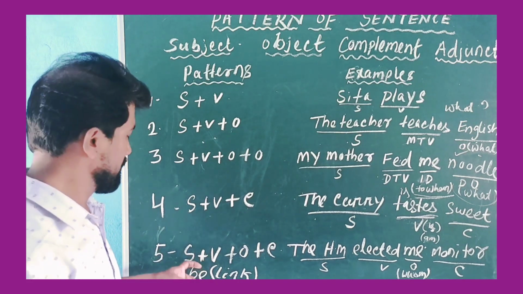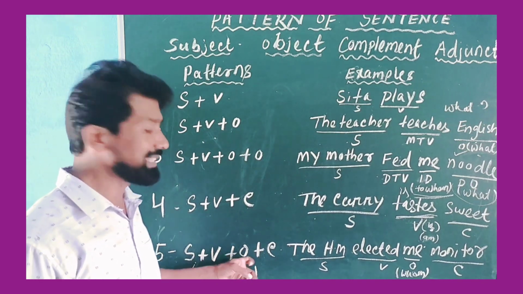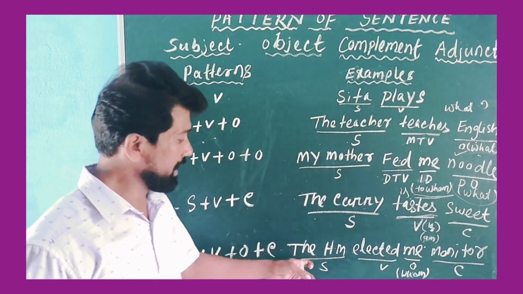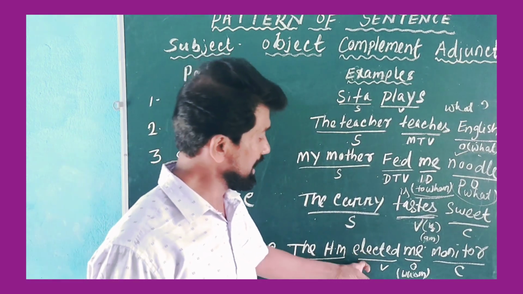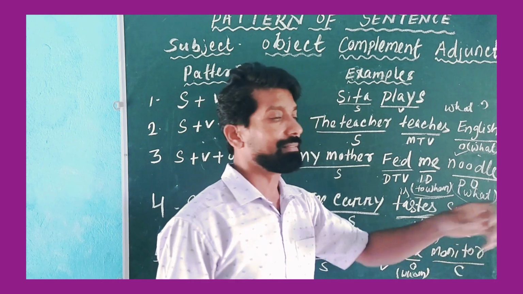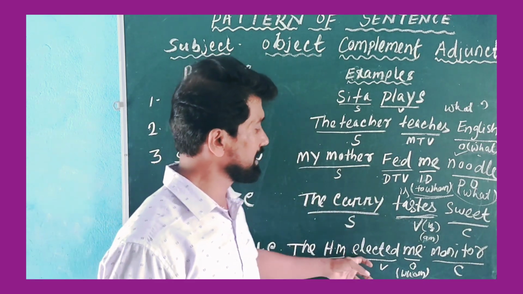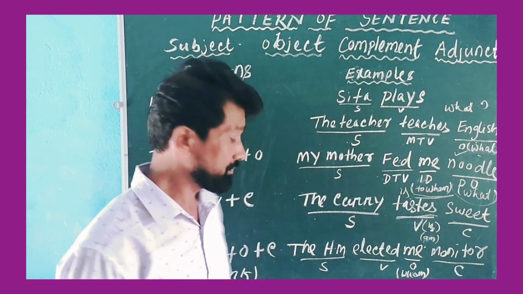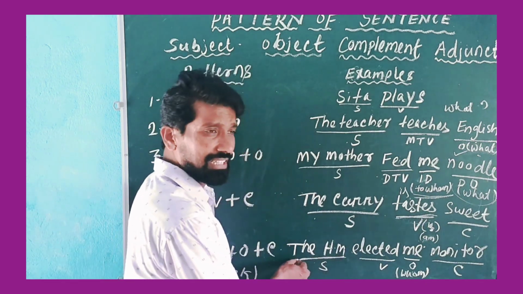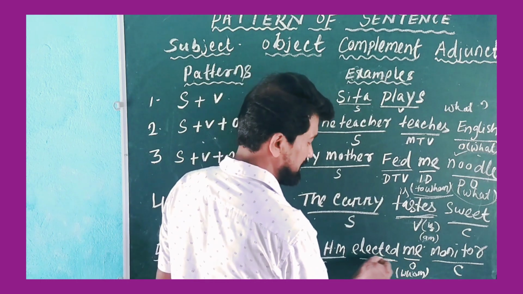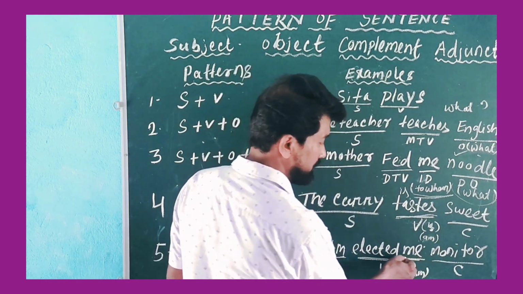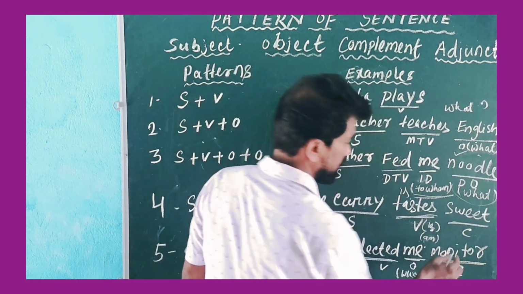Number 5. Subject, verb, object and complement. The headmaster elected me the monitor. Here, the headmaster is the subject, elected is the verb, me is an object, and monitor is a complement.